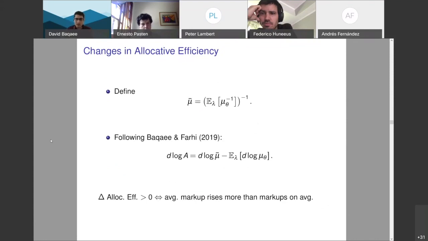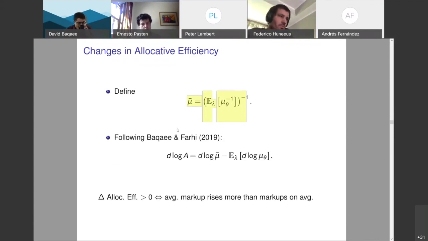Well, in order to think about changes in productivity, I'm going to define the average markup, or the aggregate markup of the economy, as the harmonic sales-weighted average of markups. Okay, and so mu bar is going to be the average markup.